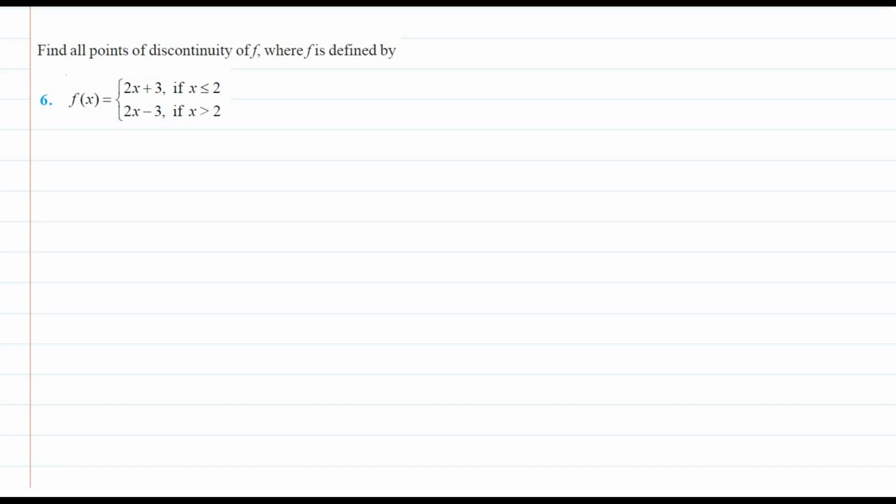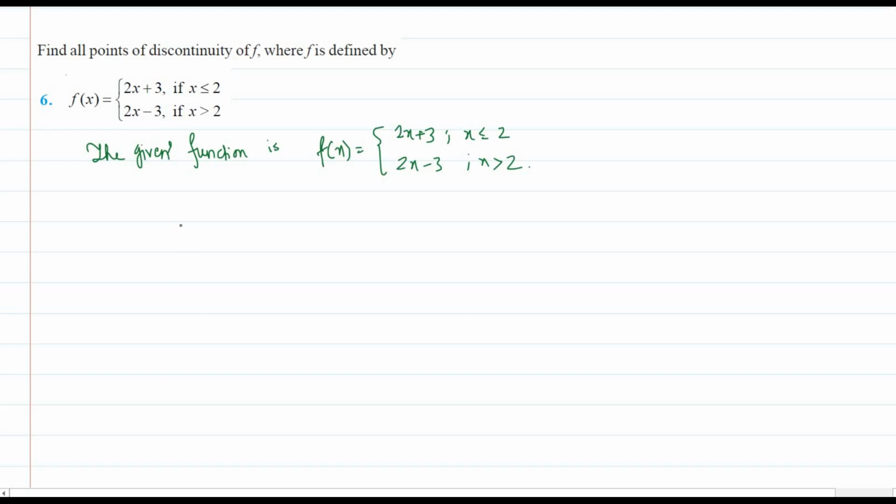Okay, so let us do it step by step. Firstly, the given function is as shown. By now we are very clear that where it is a polynomial function, it must be continuous if it has no change in definition.